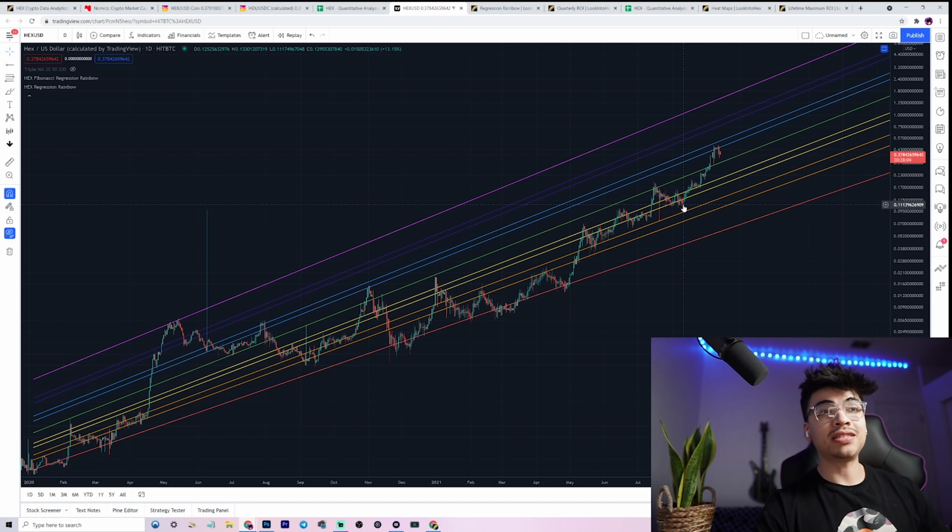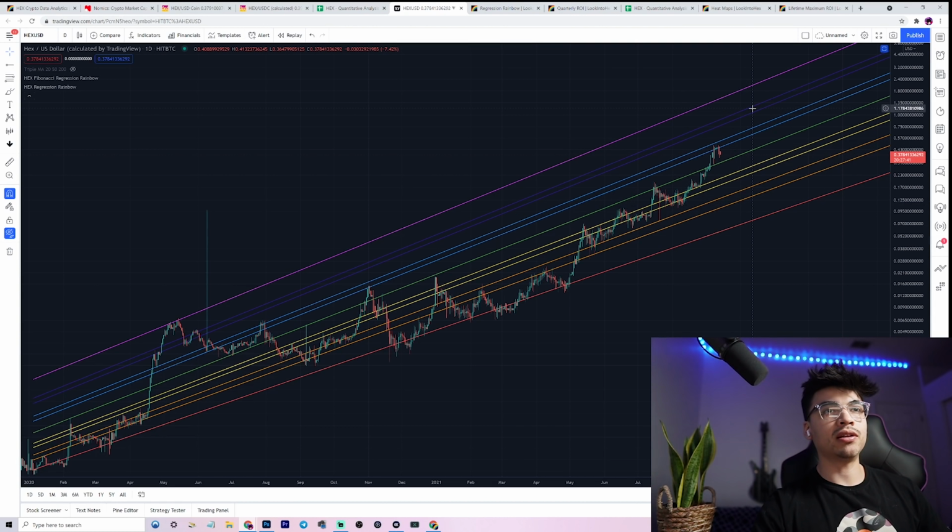So again, the angle of attack isn't as steep, as powerful, as sharp, but nonetheless, we are still in a highly appreciating asset, clearly, if you can tell from this chart by now. And so again, if this takes twice as long, 3 times as long, then we're still talking about $1.30 HEX in maybe October 11th, maybe November 11th, right?